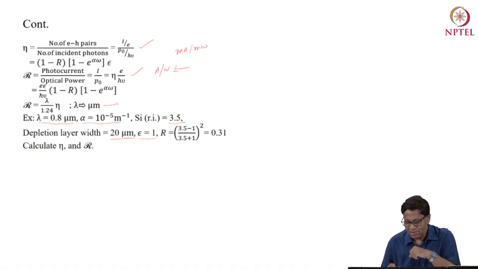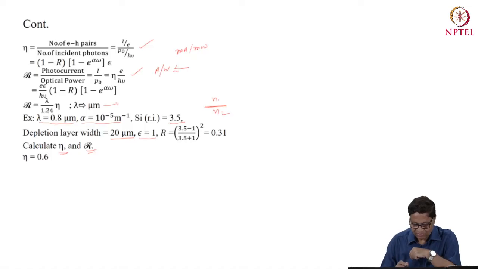And R can be calculated as (N1 minus N2) divided by (N1 plus N2), whole square, where N1 is the refractive index at the interface. Assuming N1 is air and N2 is 3.5, you get R as 0.31, and so we can calculate the value of efficiency and responsivity if you are given these parameters.